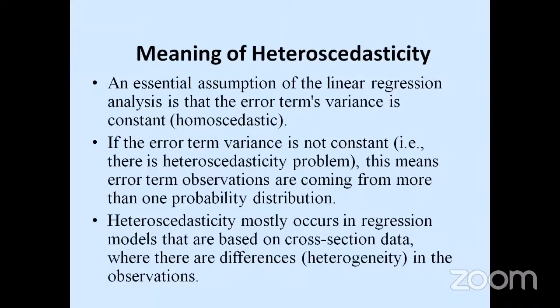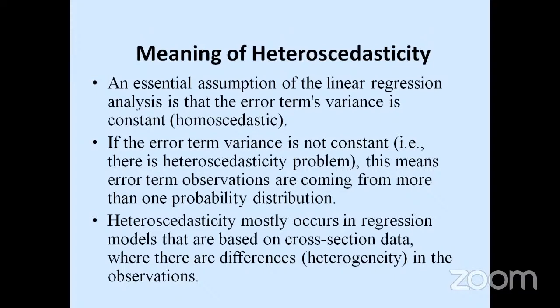Those are the requirements for being a good estimator. Then, for continuing the validation of the model, we have the problems of autocorrelation or serial correlation, and the next thing is multicollinearity. And the next important thing is called heteroscedasticity. An essential assumption of linear regression analysis is that the error variance is constant, that is, homoscedastic.